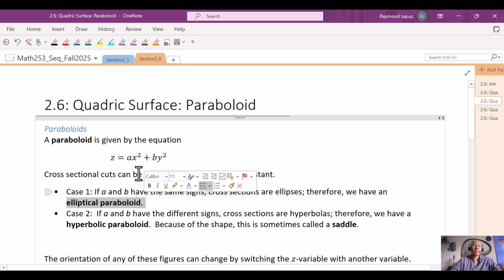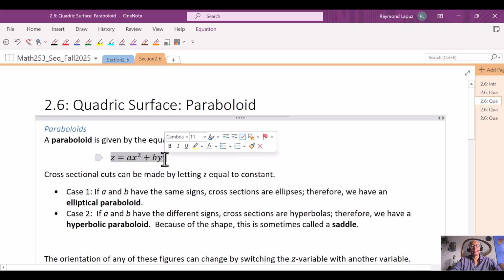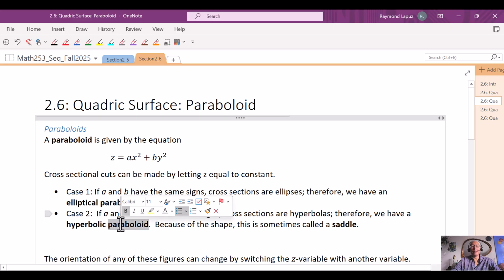Now, if the sign for b or a was negative, so a and b have different signs, then the cross-sectional cuts, when we let z equal a constant, will look like a hyperbola. So then our paraboloid will have cross-sectional cuts that are hyperbolas, and so we will call that a hyperbolic paraboloid.